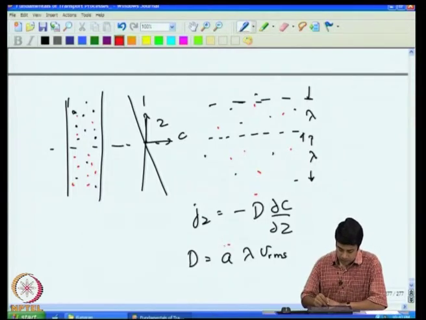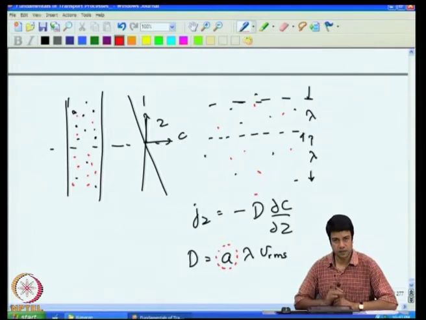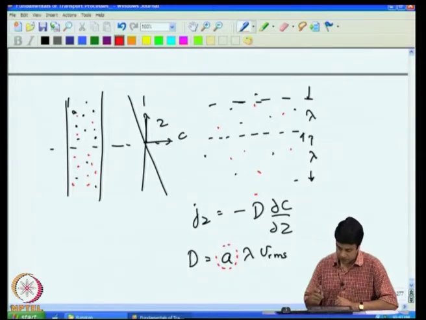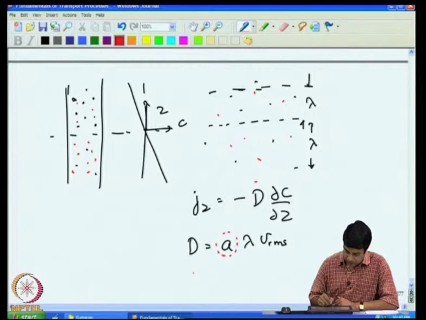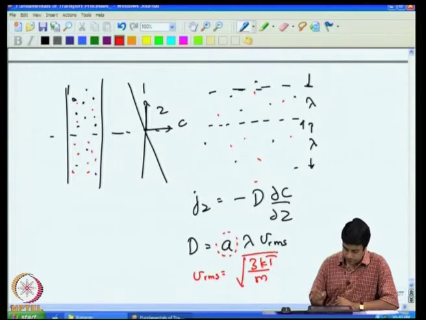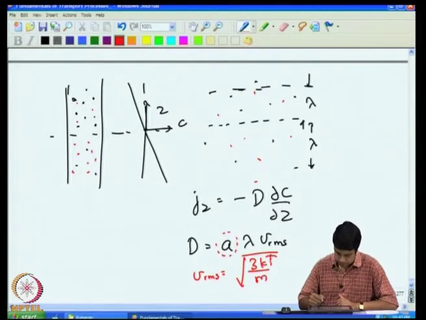We had seen the form of that particular constant, but a is some constant of order 1 times the mean free path times the fluctuating velocity of the molecules, where Vrms is equal to square root of 3 kT by m.